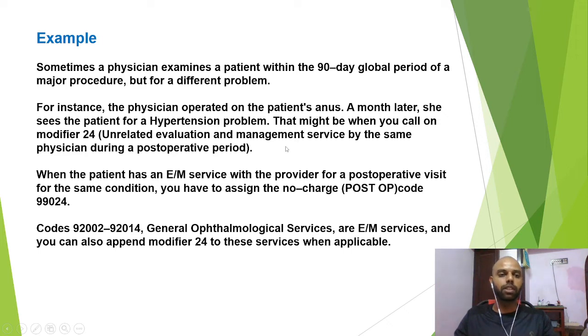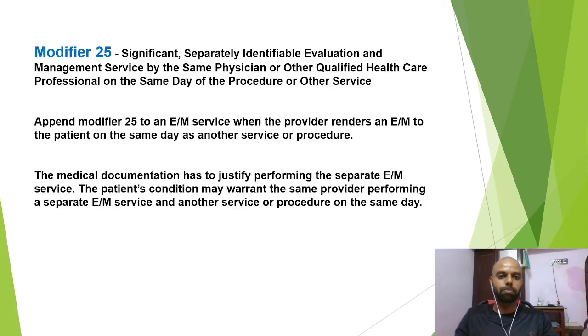For this case, we cannot add modifier 24. In this case, we have to add code 99024, mentioning that this is a post-op visit. This visit is actually included with the major procedure.